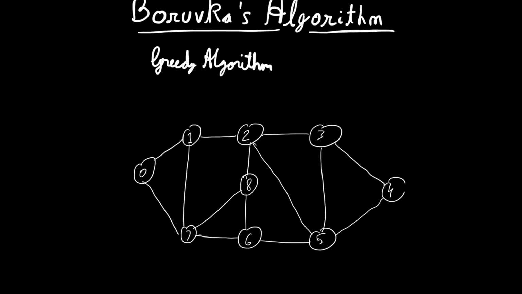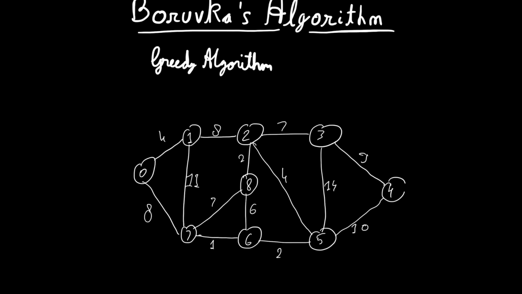So this is a graph, and the weights will be 4, 8, 11, 8 again, 7, 1, 6, 2, 7, 4, 14, 9, 10, and 2. So this is our initial graph.